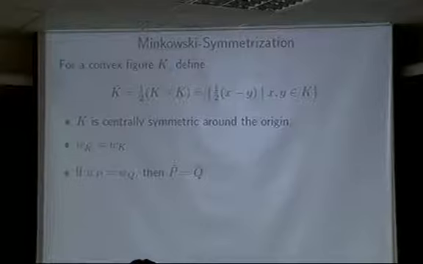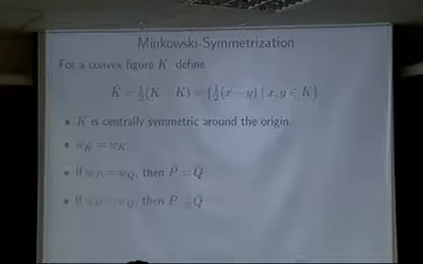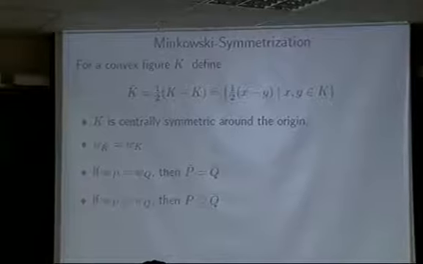This shows you, for instance, that the symmetrization of the Rouleau triangle is what? A circle, right? Because the Rouleau triangle has the same width function as a circle, and so its symmetrization must be the same as the symmetrization of the circle, but the circle is its own symmetrization, because it is already centrally symmetric.